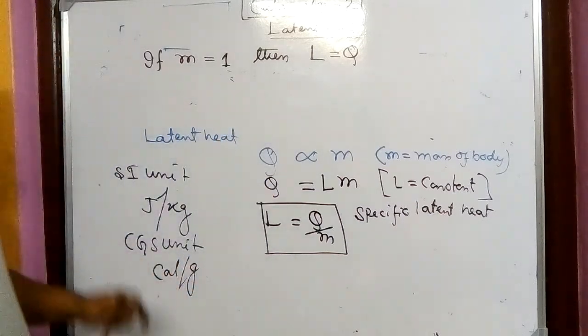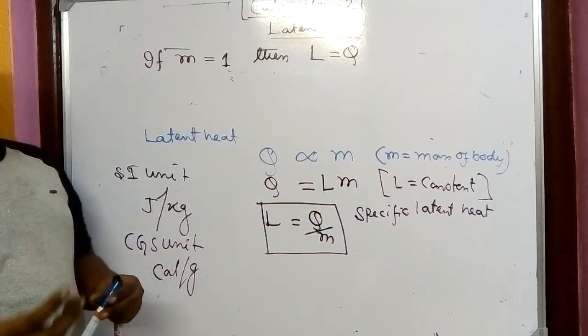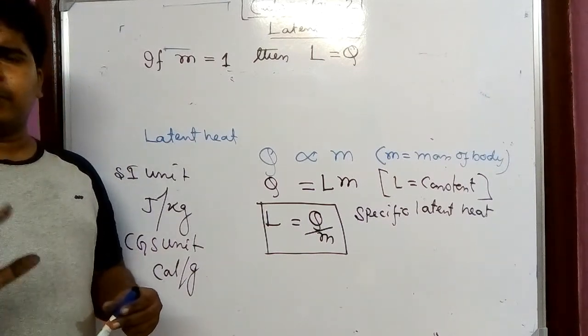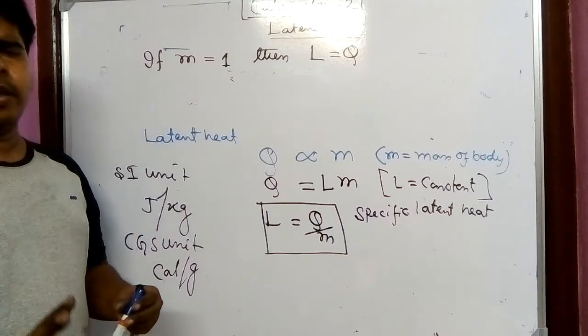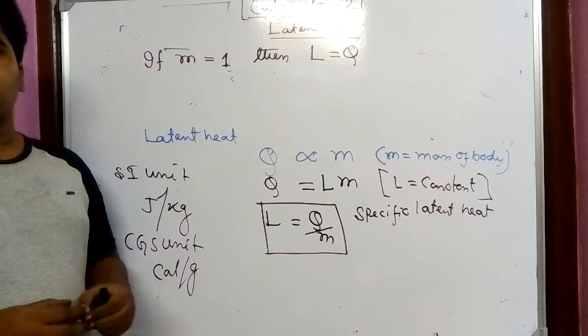This is the value of L, and the specific latent heat of a particular substance should be constant.